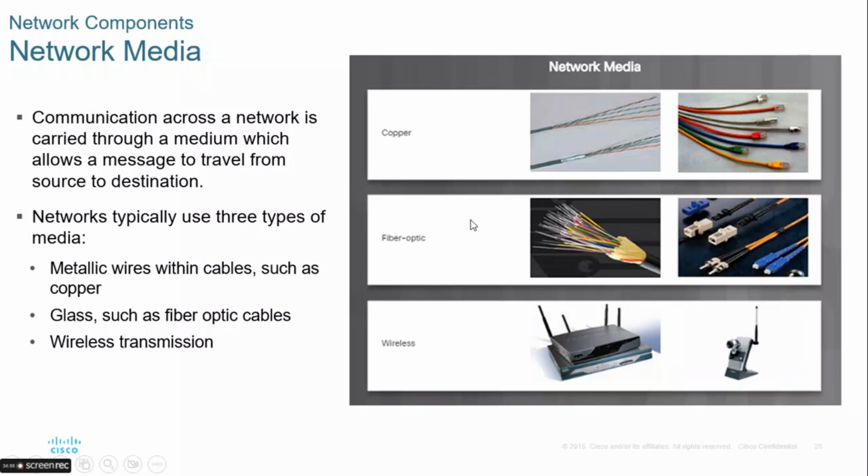Those are the factors that you should consider when choosing a media: the bandwidth, the speed, also the environment, the topography. The environment under which fiber is laid or run is not the same as the environment in which copper is run, or wireless.